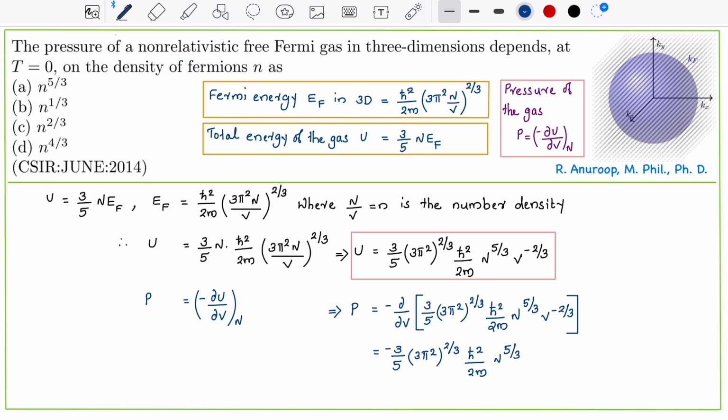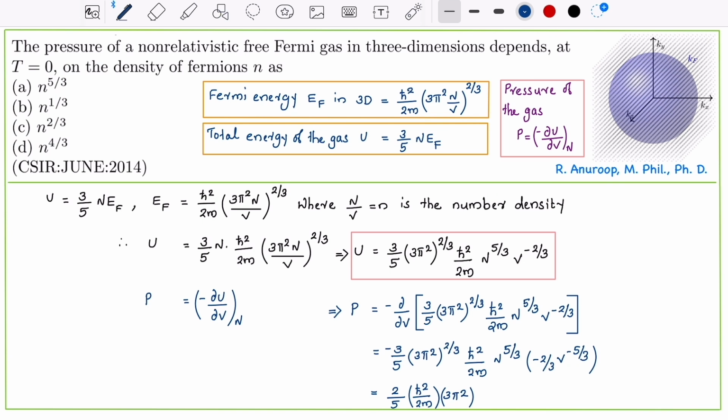Now differentiate V raised to minus 2 by 3 with respect to V, that is minus 2 by 3 V raised to minus 2 by 3 minus 1, that is minus 5 by 3. Now let us rearrange the terms so that the pressure is 3 by 5, minus and minus, negative and negative cancel, 3 by 5 into 2 by 3, that is 2 by 5, ħ² by 2m, then (3π²) raised to 2 by 3.